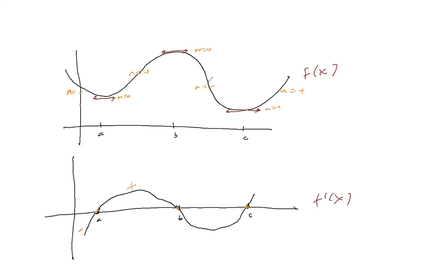After we hit b, the slope goes back to negative, and the y values go back to negative. And after we pass c, the slope goes back to positive, and the y values go back to positive. So this connection is super important and something that we really have to pay attention to as we're discussing these things. And later, this will become even more drastic when we start talking about other types of functions.